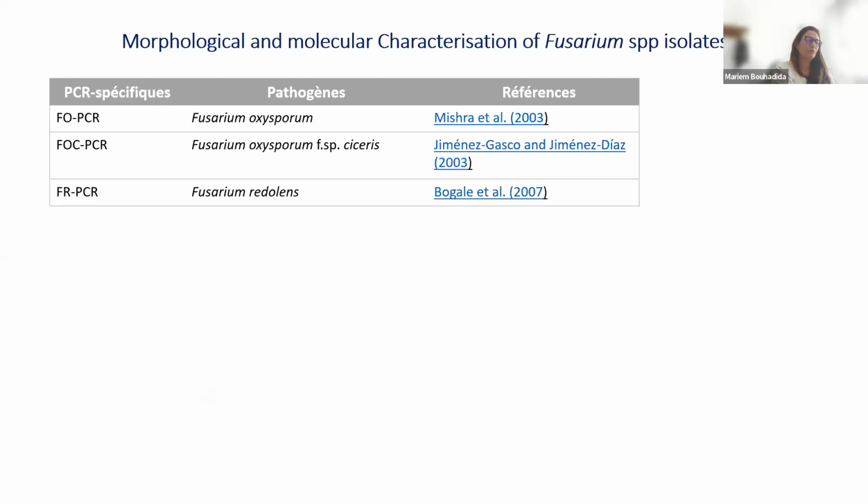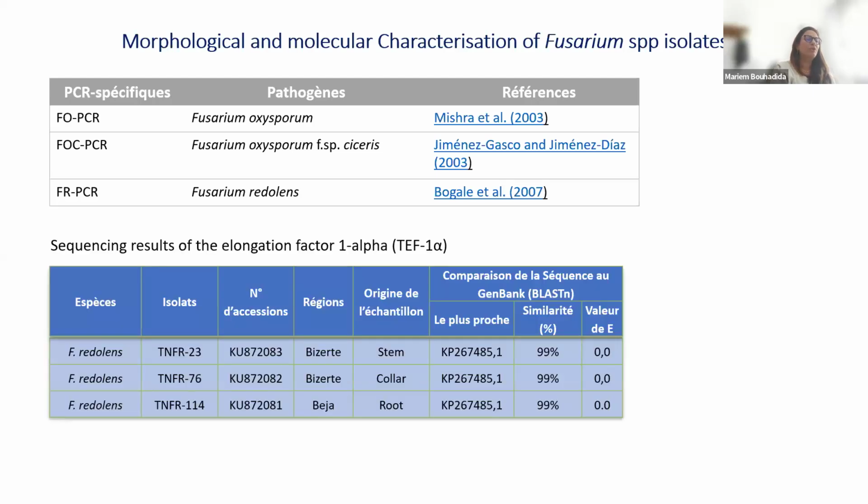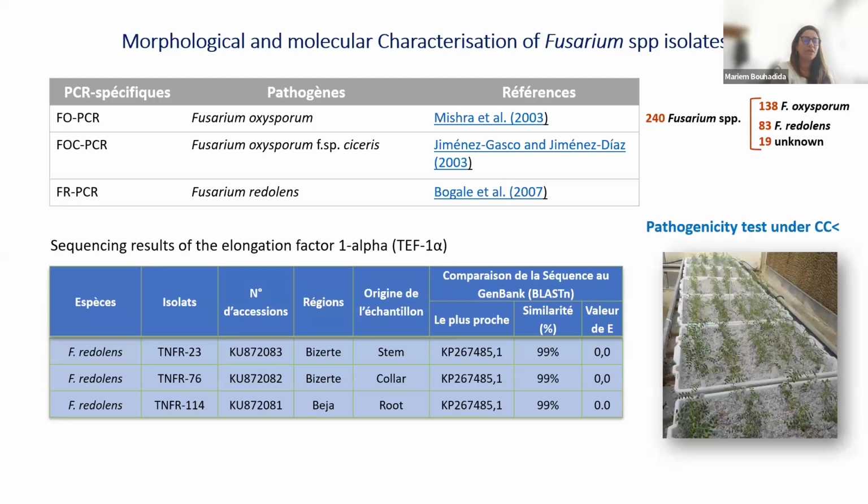Next slide. For that, we used sequencing of the elongation factor of our isolates, or strains, that we prepared. After our surveys, we made monosporic cultures of all our isolates and performed the sequencing, and we also used specific markers in order to identify whether there is something else apart from Fusarium oxysporum f. sp. ciceris tightly linked to wilting symptoms in our fields.